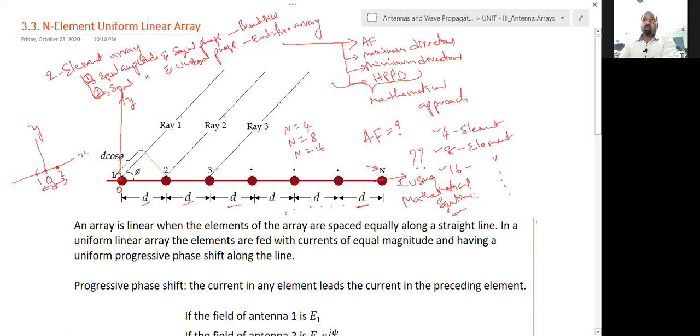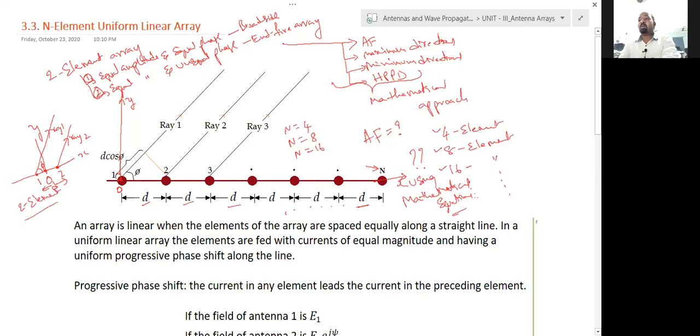The EM waves radiated by antenna 1 and antenna 2 are ray 1 and ray 2, making an angle phi. That is what I followed for the two element array.